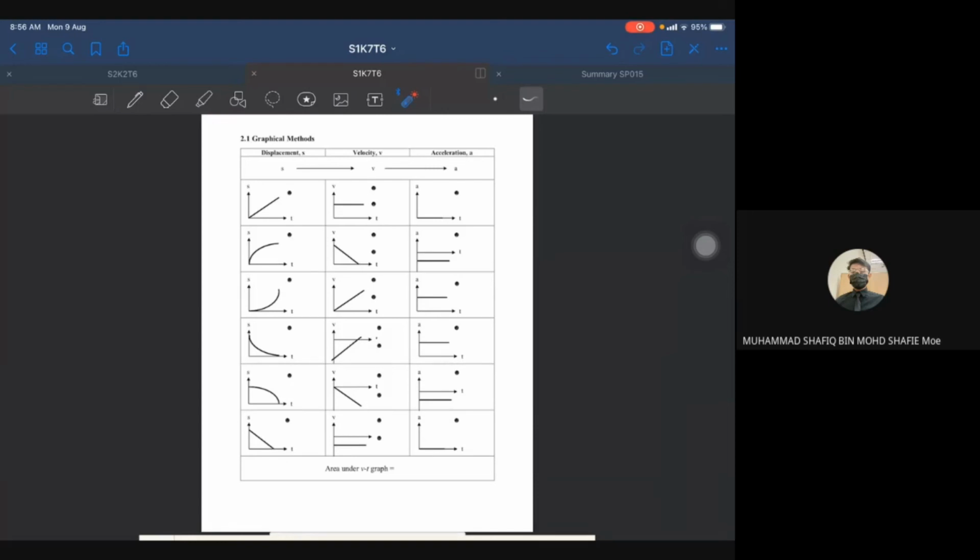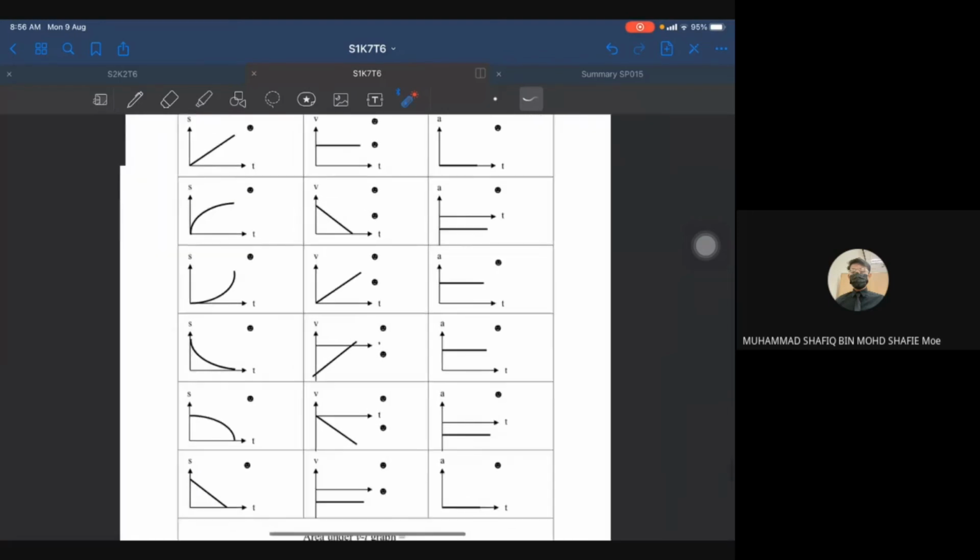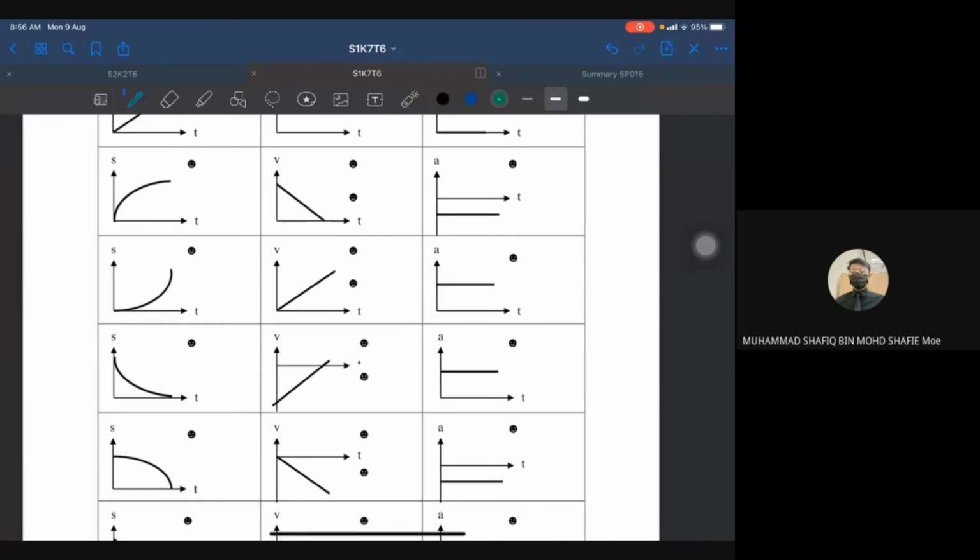So they travel to the right. Okay, I zoom in a little bit. So this one is positive S. So it's travel to the right. How about the gradient? Increase ke decrease? Increase. So maksud dia velocity dia naik ke turun? Naik. Right. Okay. So in this case, gradient dia macam ni.